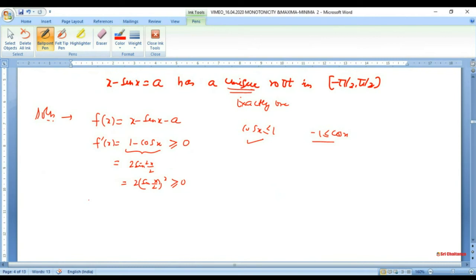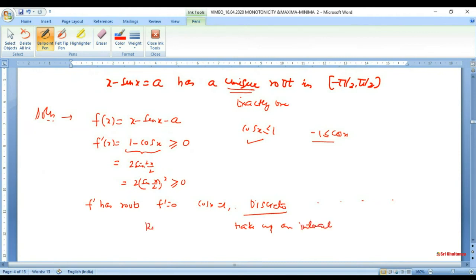And f prime having roots means f prime equal to 0 has solutions cos x equal to 1, but as we discussed yesterday, they are all discrete, meaning they are separated and don't make up an interval.